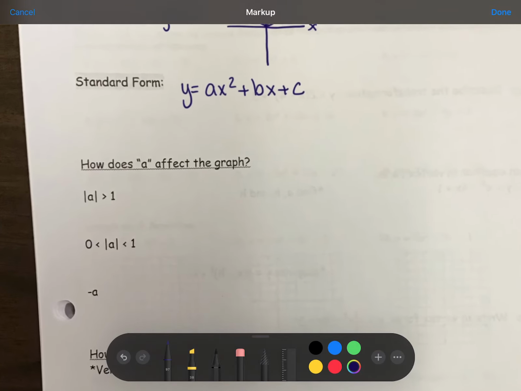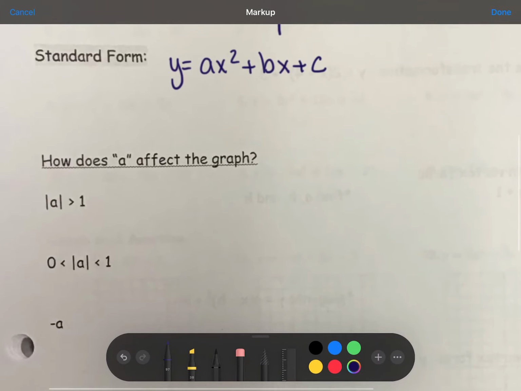Okay, so how does a affect my graph? Well, the absolute value of a, we're only going to look at the number itself. We don't care if it's positive or negative at this point. So if my a value is greater than 1, such as like 1.5, 3, 4.5, 16, anything bigger than 1, what this is going to do to your graph is it's going to stretch it vertically. So your graph will be stretched vertically.